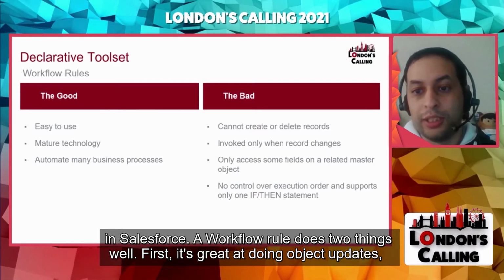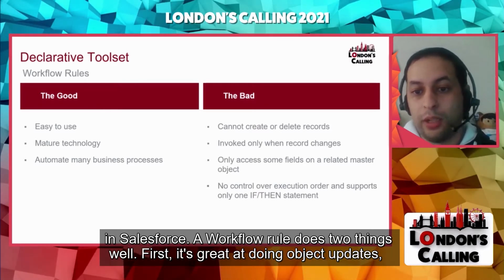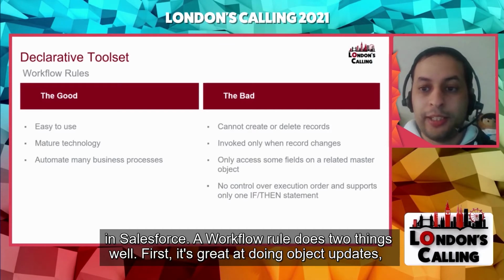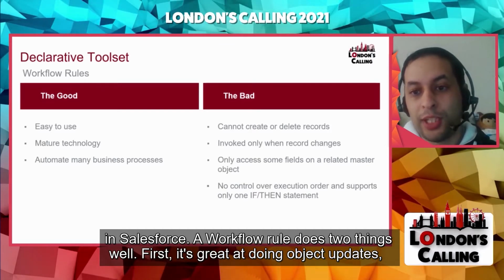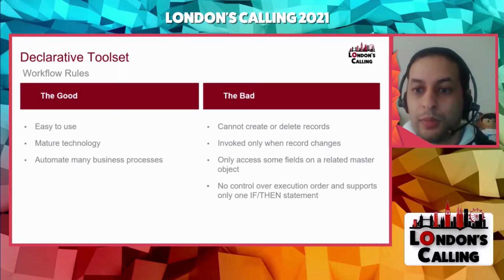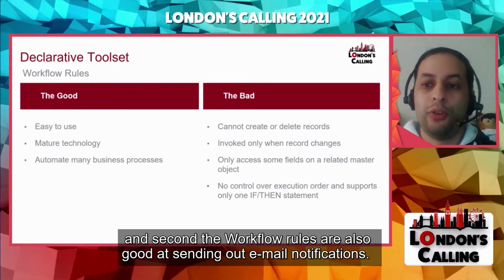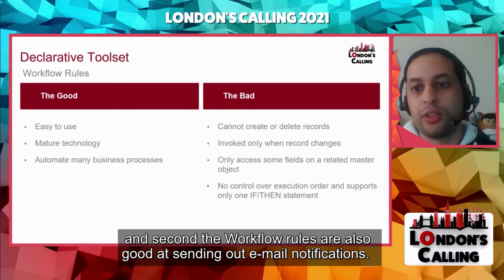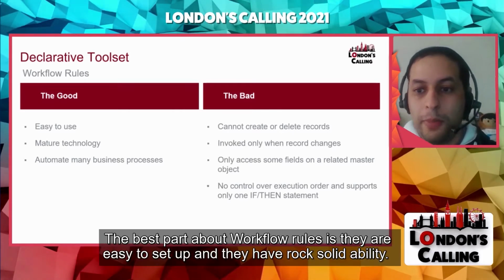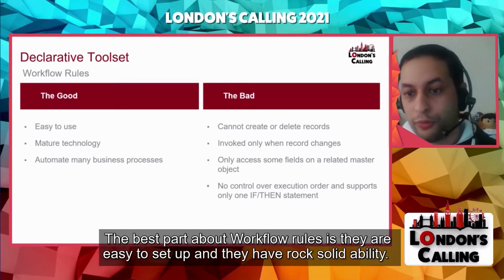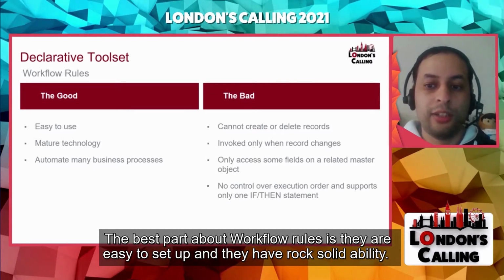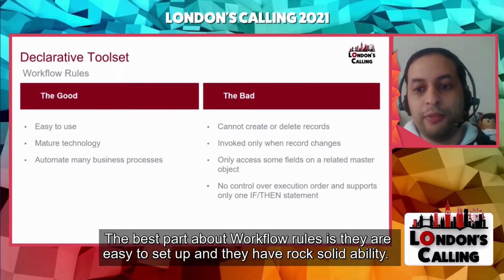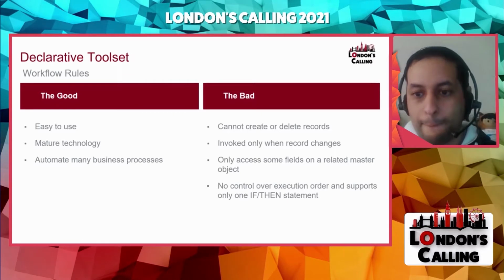A workflow rule does two things well. First, it's great at doing object field updates. And second, workflow rules are also good at sending out email notifications. The best part about workflow rules is they are easy to set up and they have rock solid reliability.